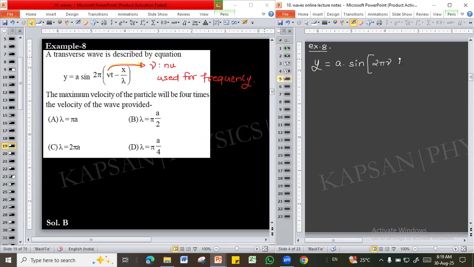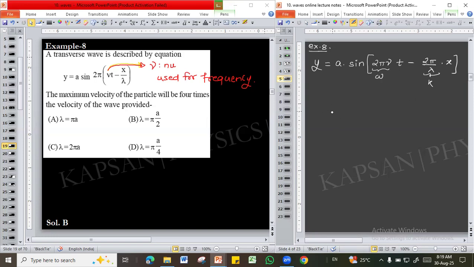So 2 pi nu t. Can you see 2 pi f, omega? Time coefficient is omega. Minus 2 pi by lambda into x. Can you see 2 pi by lambda? K is 2 pi by lambda. Omega is 2 pi f. So basically this portion is omega and this portion is k.